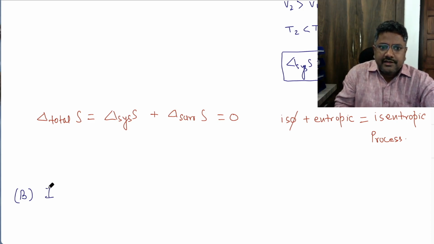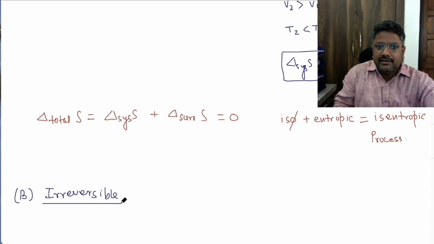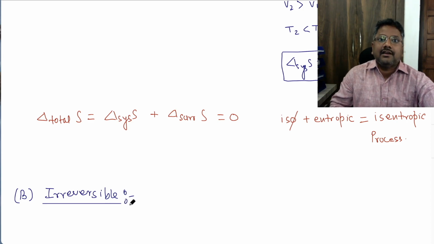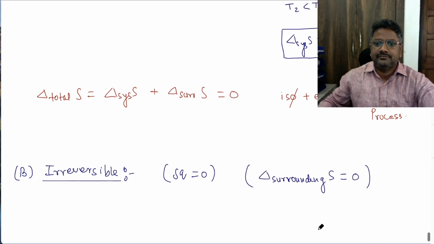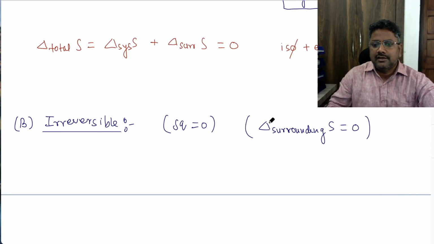So if we take irreversible, in case of adiabatic irreversible process, again delta Q is equal to 0, means if delta Q is equal to 0, means surrounding delta S is equal to 0, right? Surrounding entropy change is equal to 0.